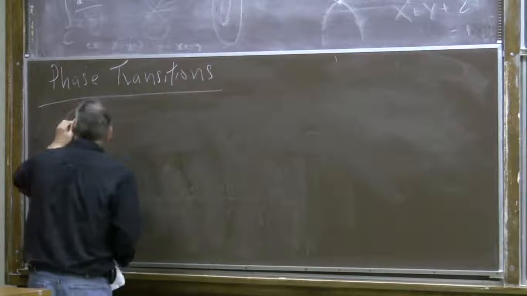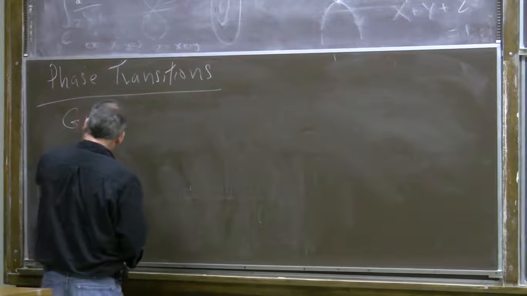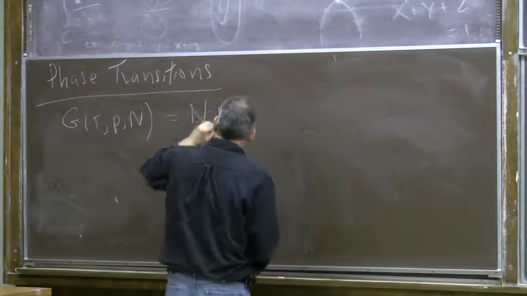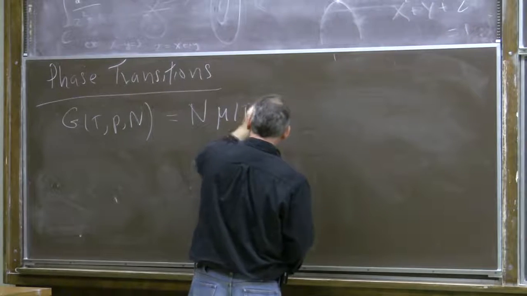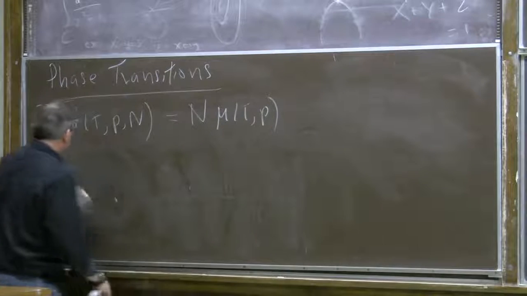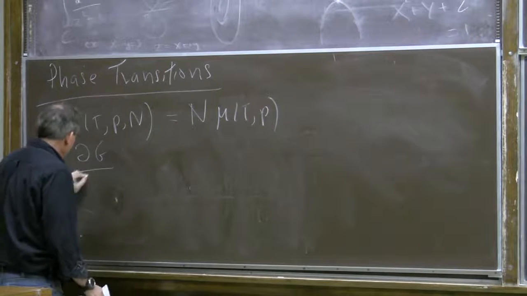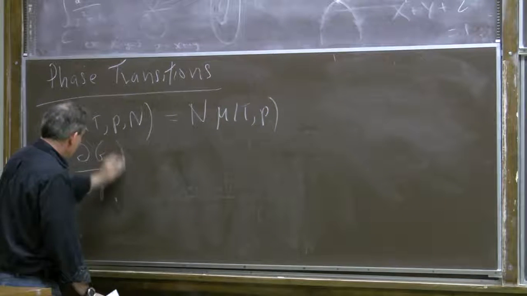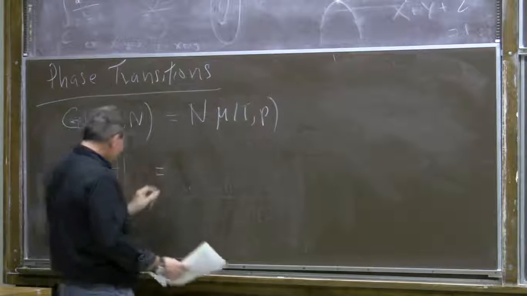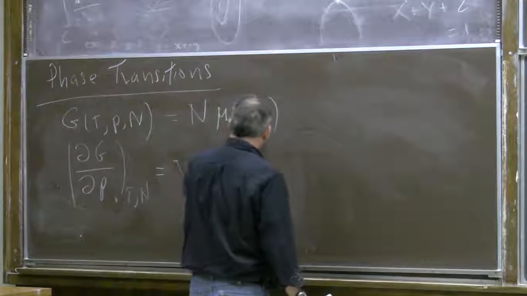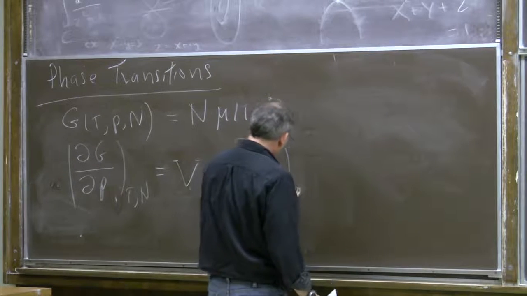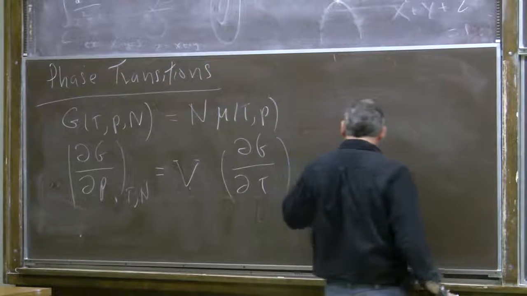The Gibbs free energy is a function of temperature, pressure, and particle number. We know it can be written as particle number times chemical potential, depending just on temperature and pressure. The thermodynamic identity told us that if we differentiate the Gibbs free energy with respect to pressure with temperature and particle number fixed, that's equal to the volume. And the derivative of chemical potential with respect to temperature with pressure and number of particles fixed is equal to minus entropy.